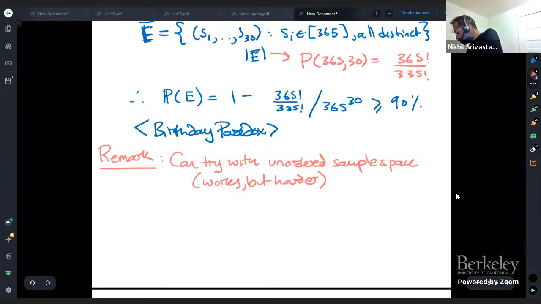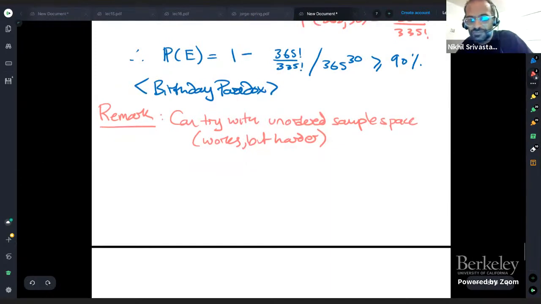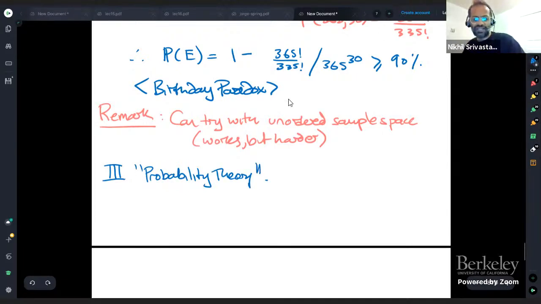Okay, so that's all I want to say about this classical probability for now. Now I want to introduce the concepts of what the book calls probability theory. And this is just a slight generalization.